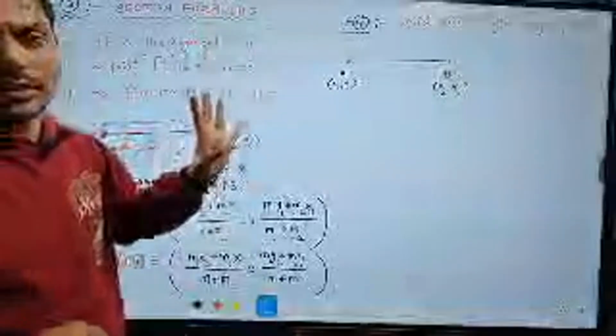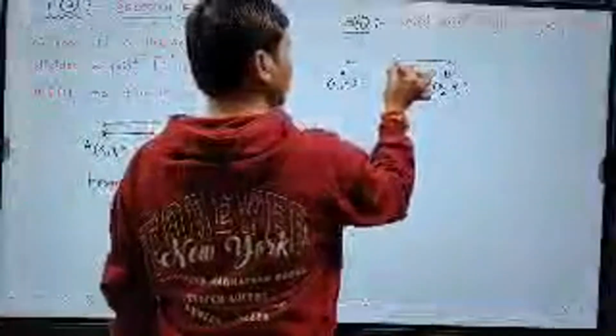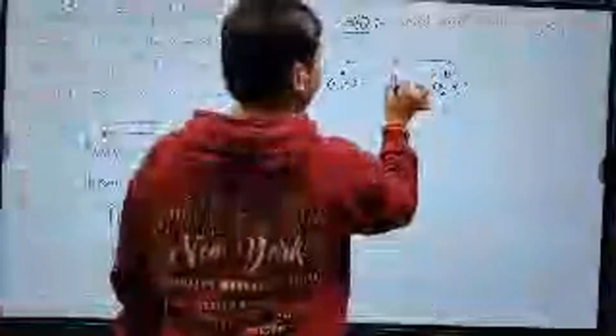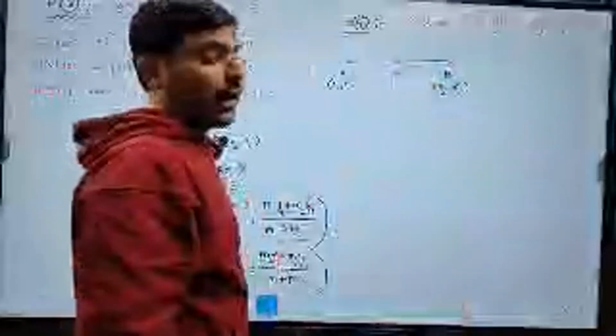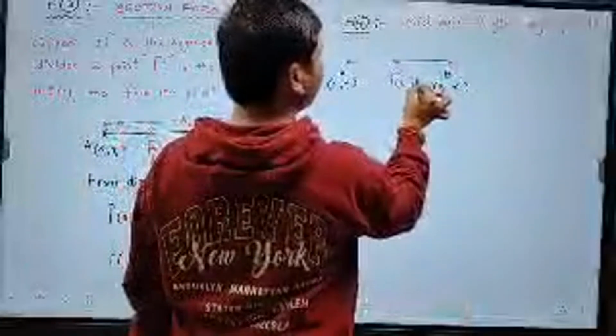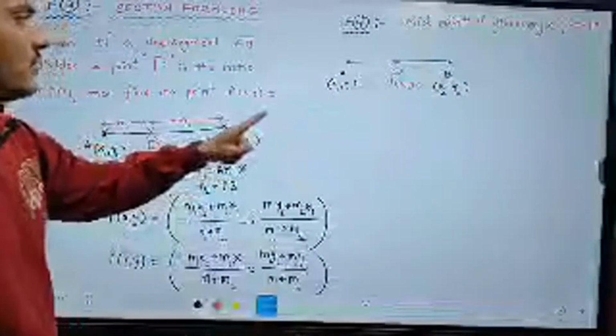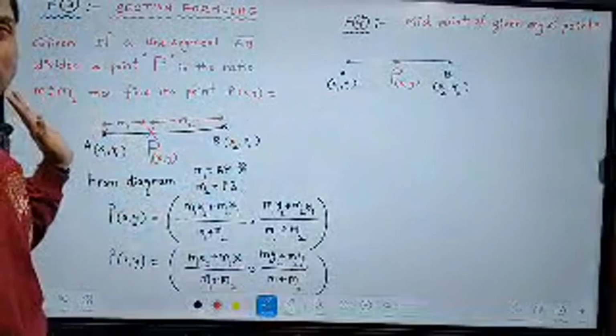Those points are here, capital A comma B. I am taking one of the points, this point, and it can be called capital P. I want the capital P value x comma y in this session. Sir, this concept is the same as the section formula. Yes or no?